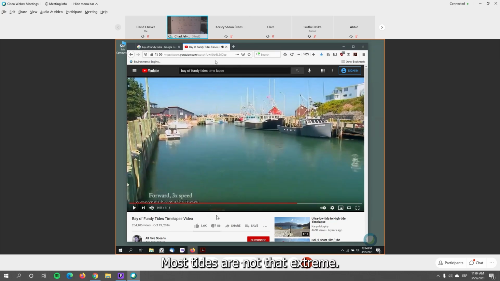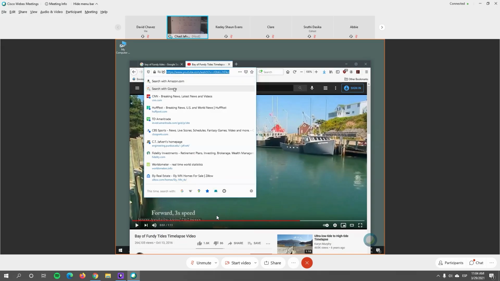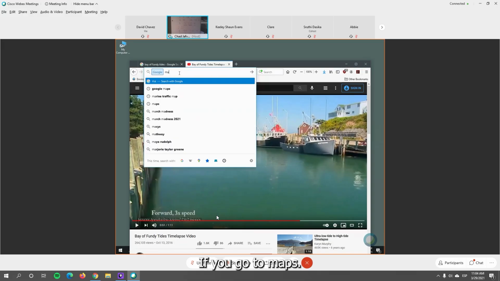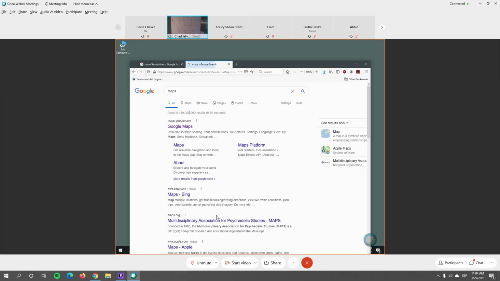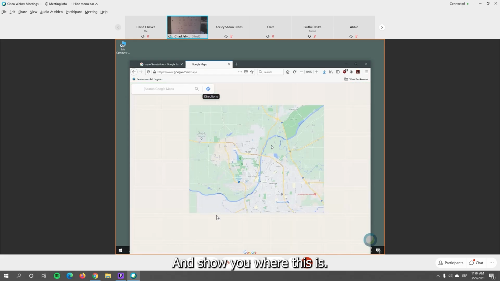Most tides are not that extreme, but this is one of the places in the world. This is in Canada on the East Coast. In north, you could go to maps and show you where this is.